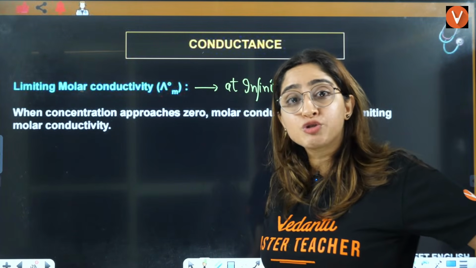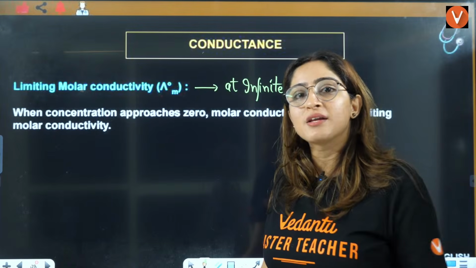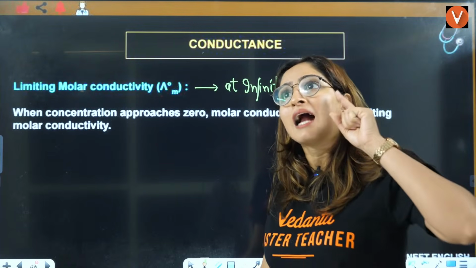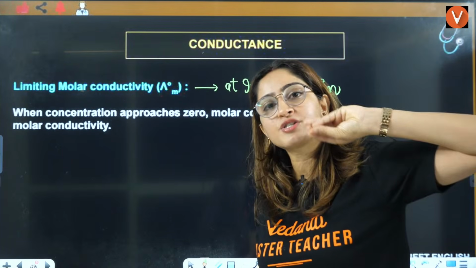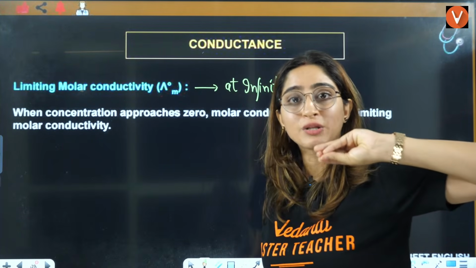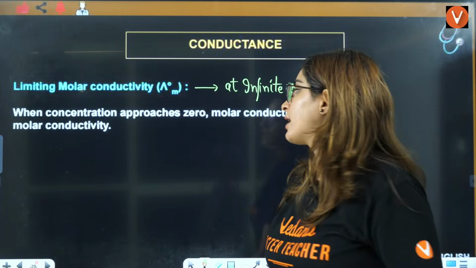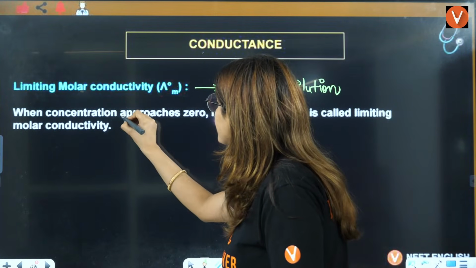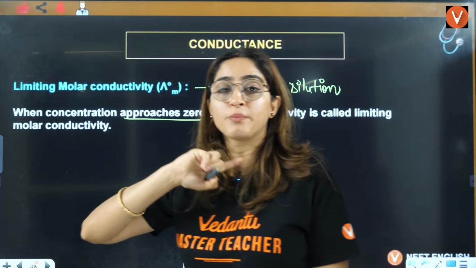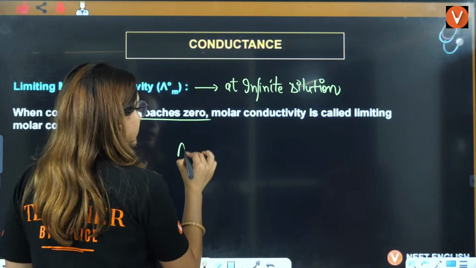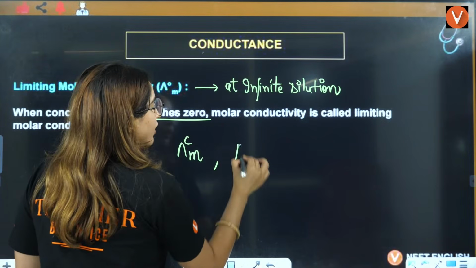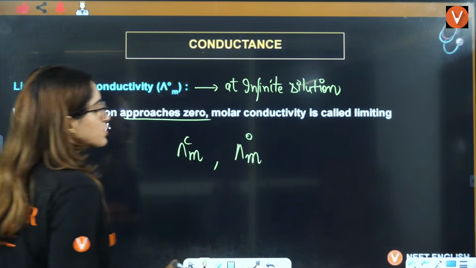When dilution is infinite, concentration is inverse of dilution. So if dilution is infinite, you are adding water to next level, then concentration is approximately equal to 0. That is called limiting molar conductivity. So you can say when concentration approaches 0, dilution approaches infinity, that molar conductivity is called limiting molar conductivity.